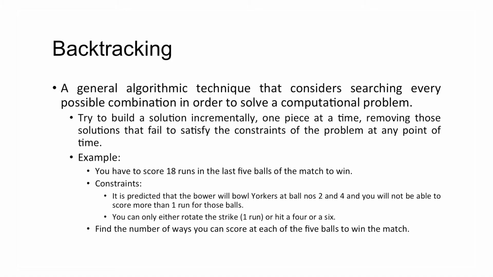There are two batsmen in a cricket match and they have to score 18 runs in the last 5 balls of the match. However, the batsmen cannot depend on luck, on overthrows, on wide balls, or on no balls, and there are certain constraints imposed on the way the batsmen can score these runs.